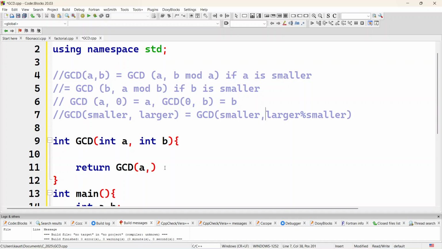Sorry, here we will have B mod A. Now, think about it. If I always want the smaller number to be my first argument, what amongst A and B mod A will be the smaller one?